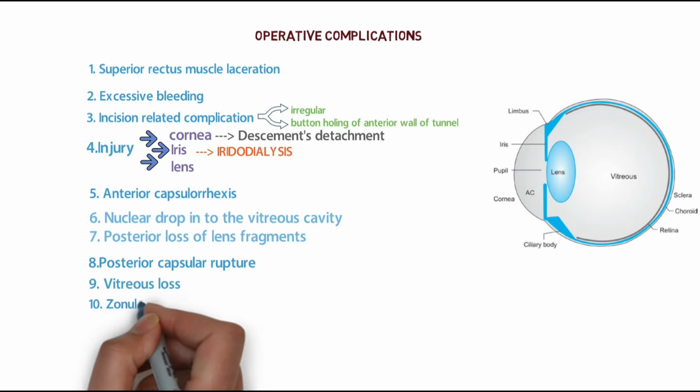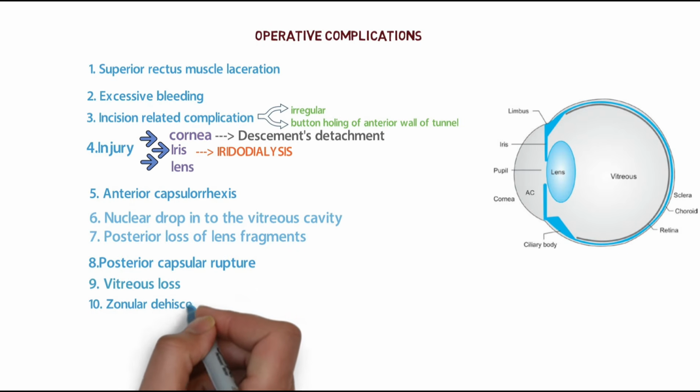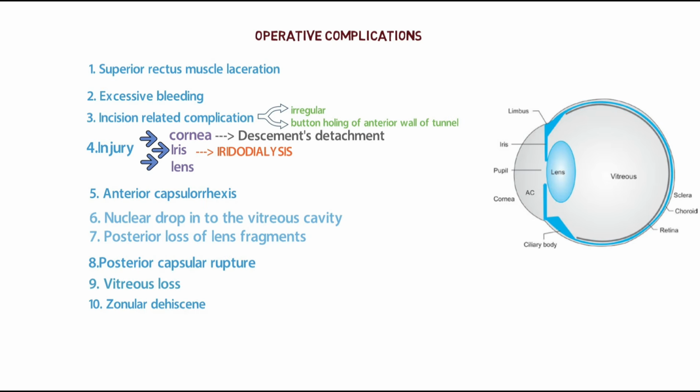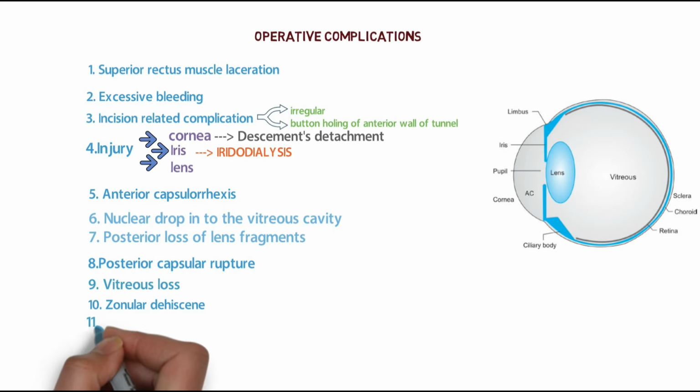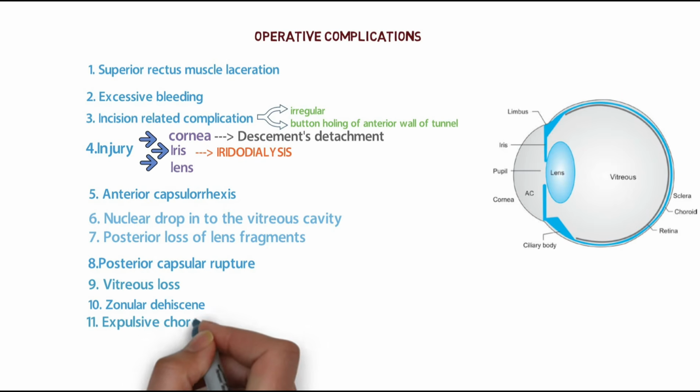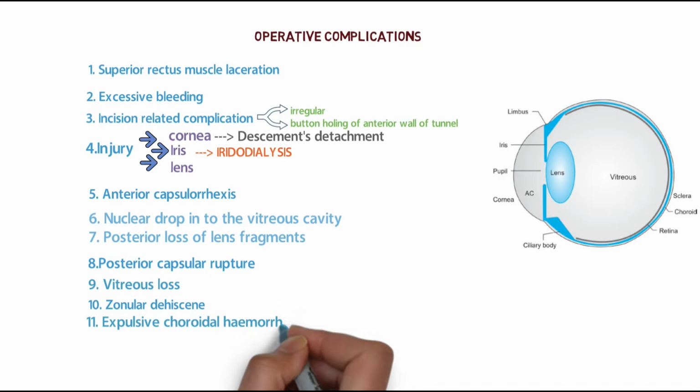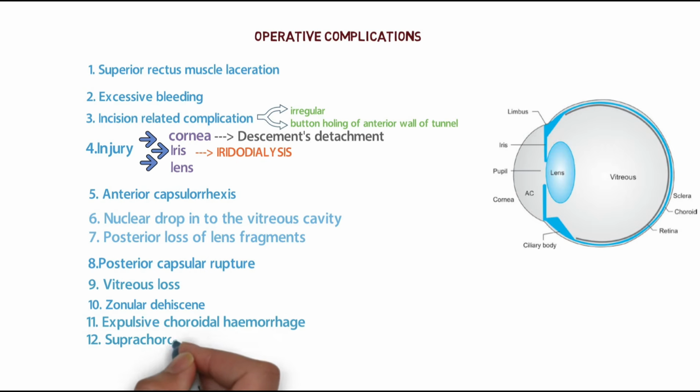There can be zonular dehiscence, and at last there is the choroid. Look over here. Here we have the choroid, and there may be expulsive choroidal hemorrhage, or suprachoroidal hemorrhage.